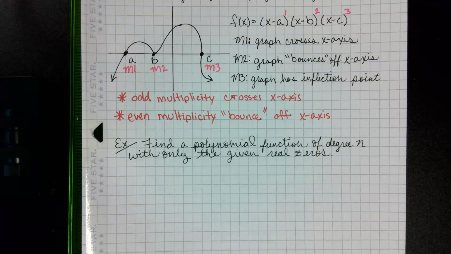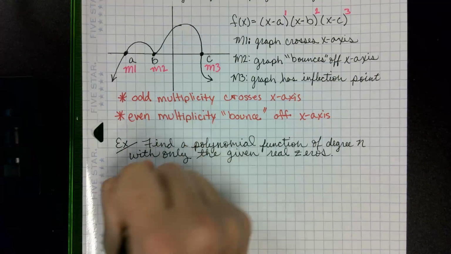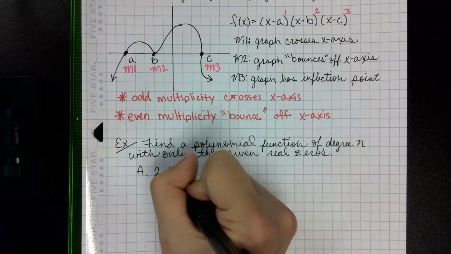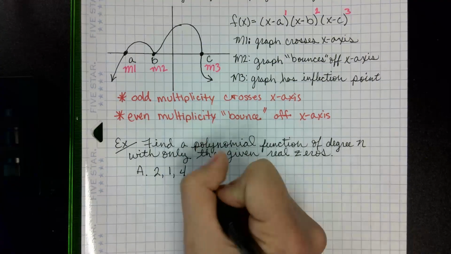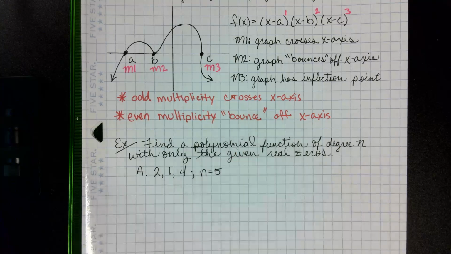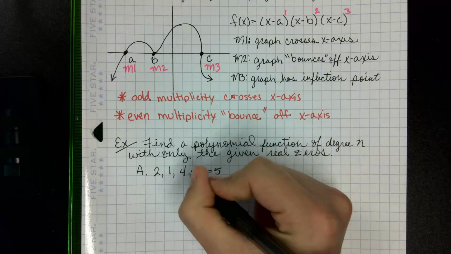All right, so for the first one, example A, if you're given 2, 1, and 4, and you're told that n equals 5. So I have a 0 at 2, a 0 at 1, and a 0 at 4, but I have a degree 5. I know I need to use those 3.